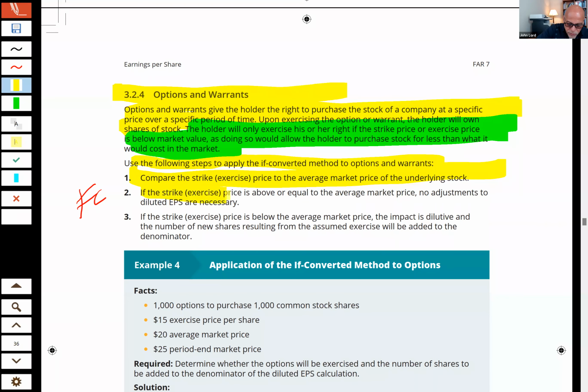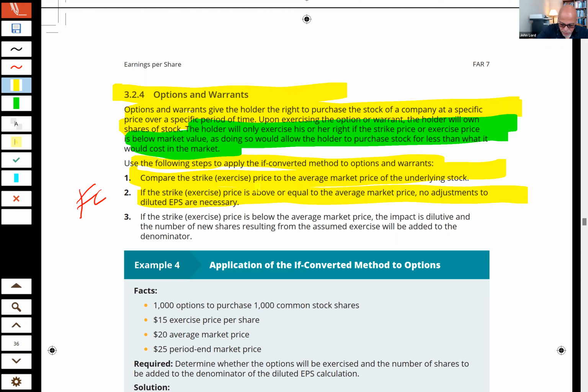If the exercise price is above or equal to the average market price, no adjustment to diluted earnings per share is necessary. Two reasons. One, why would somebody exercise an option price that is more than the market price? If they want the stock that bad, they would just go buy it.